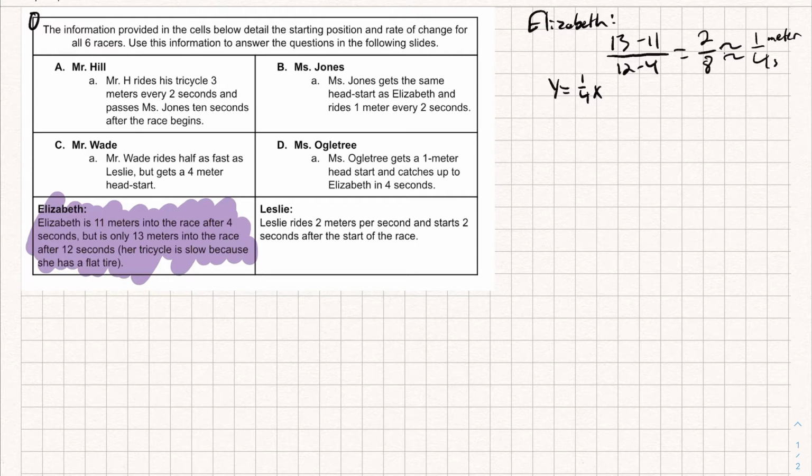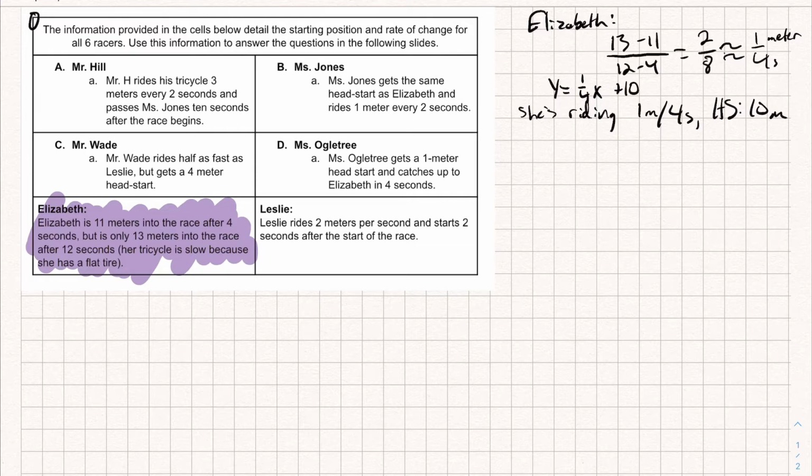So if after 4 seconds she was at 11 meters and we go backwards 4 seconds, that means that she started out at 10 meters. So the equation for her line is y equals 1/4 x plus 10. And this means that she's riding at 1 meter every 4 seconds and had a head start of 10 meters.